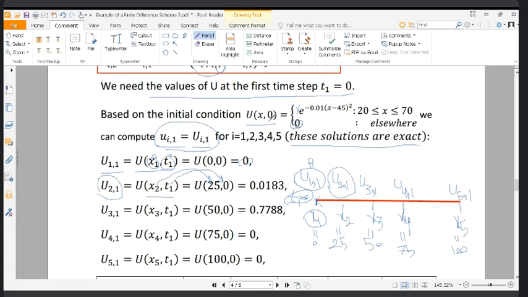We return to the initial condition: x is 25, which is bigger than 20 and smaller than 70, so we should use the first case, e^(-0.01(x-45)^2), and replace x by 25. We computed this value, and u(2, 1) is 0.0183. It is the exact value of u at t1.